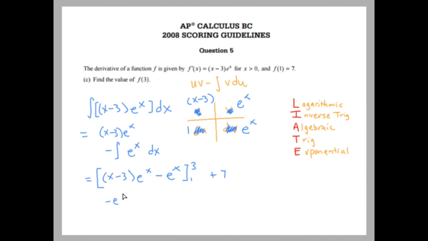Then we get negative e to the 3. Then plugging in 1, we'll get negative 2e to the 1 minus e plus 7. So our final answer will be negative e cubed minus negative 3e plus 7. That's just negative e to the 3 plus 3e plus 7.